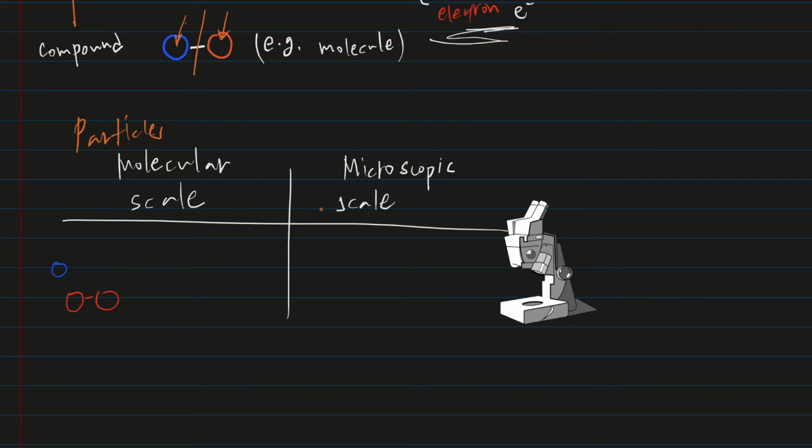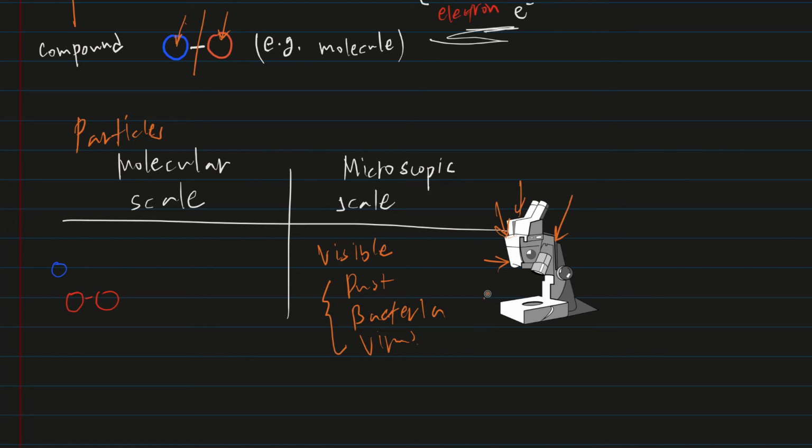The biggest difference, to make it easier, is that the microscopic scale is visible. If we have adequate equipment, like a microscope, we can clearly see those particles. For example, dust, bacteria, and virus. We can see them.